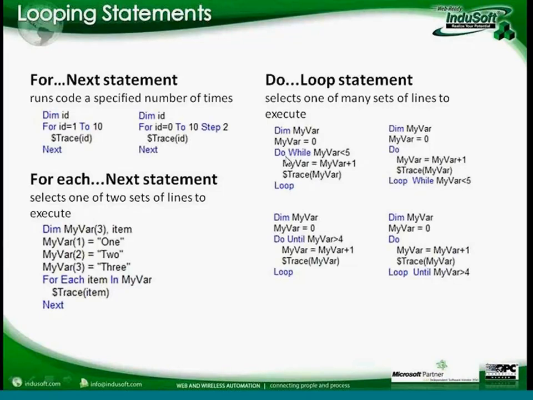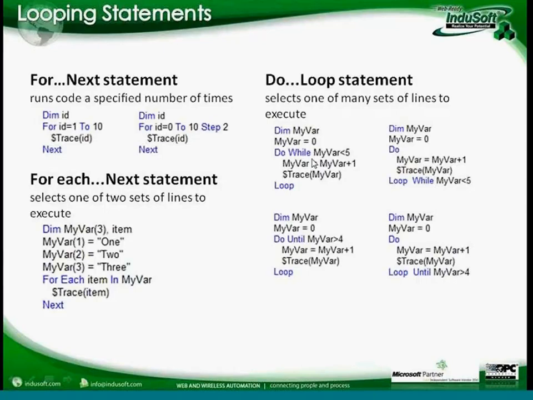First, you have do while loop and do loop while. The first one executes this loop only while this condition is true. And the main difference between this one and the second one here is that in the second one, you execute the loop at least once, for sure. And then you check the condition, and while this condition is true, we keep executing the loop.